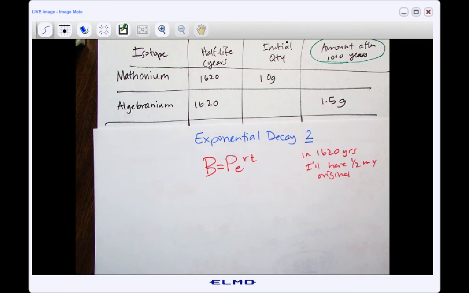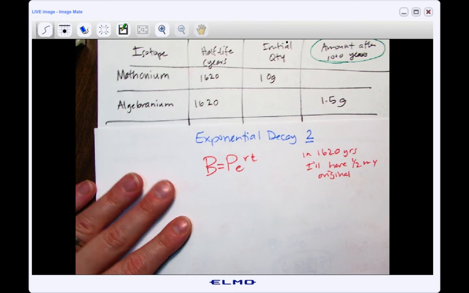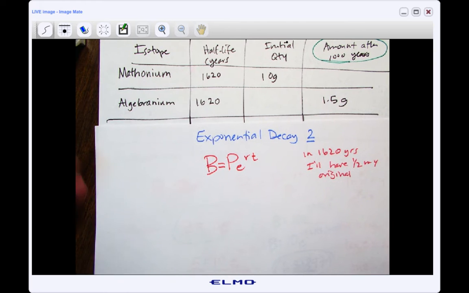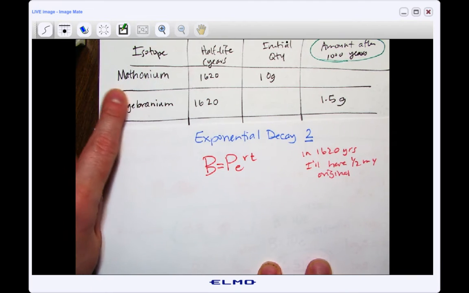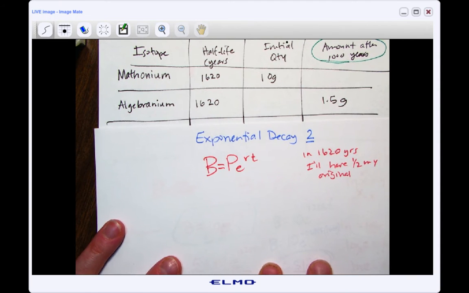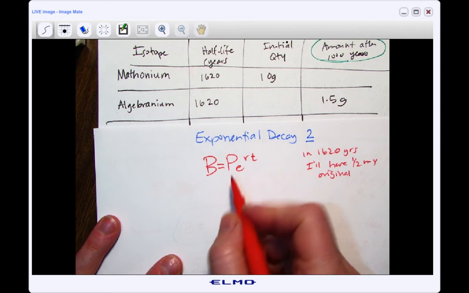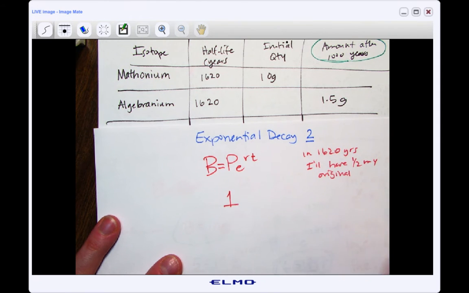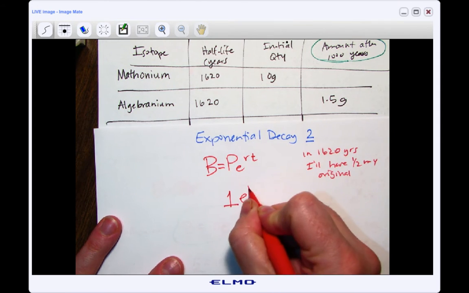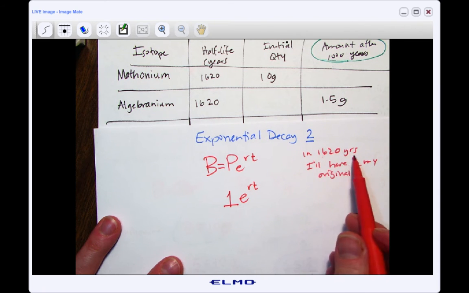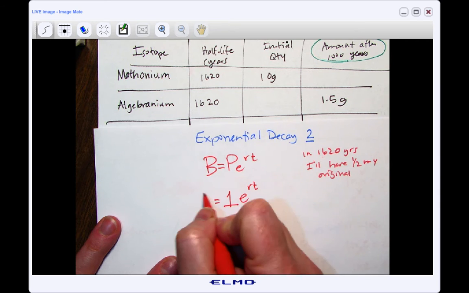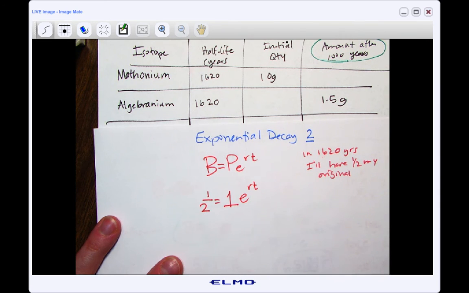Now, I don't know what the original is, so I'm just going to make up an original amount because it doesn't matter how much it was. We discussed that when we did the Mathonium one. Let's say I started with 1 gram of something. I know that in 1,620 years, what's left is a half of it because that's half as much.